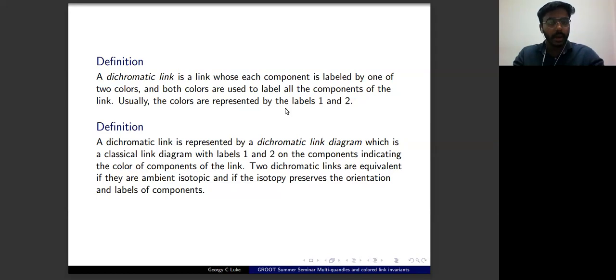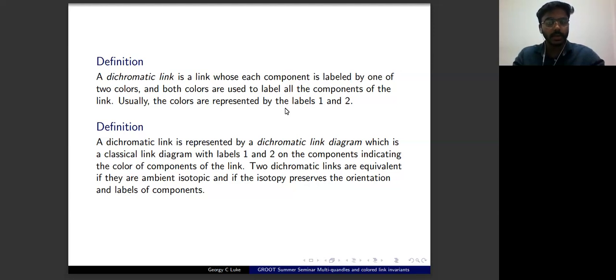A dichromatic link is a link whose components are labeled by two colors. Each component is labeled by one of two colors, and both colors are used to label the components of the link.